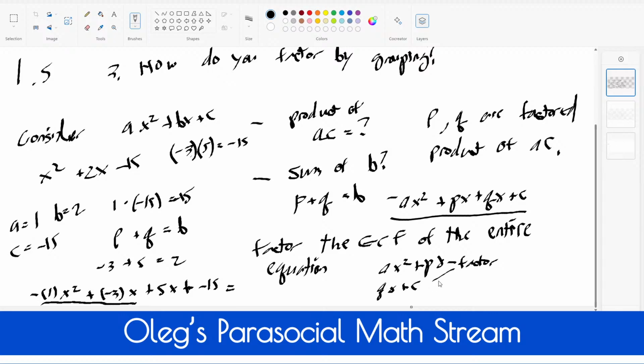So the first part, we can pull an x out of it, so x times x plus 3, plus, and here it's going to be 5. We pull the 5 out.